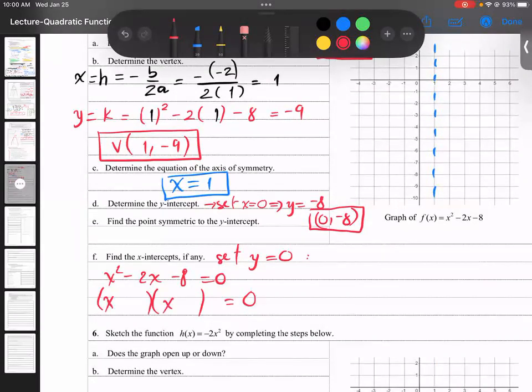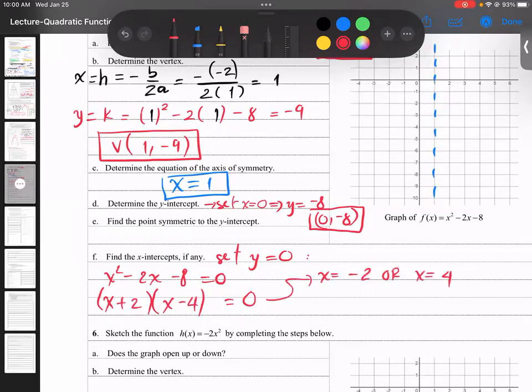What two numbers should I put there? -4 and +2. So that means x plus 2 equals 0, I mean x equals -2, or x equals +4.